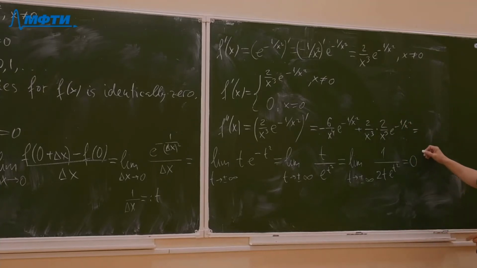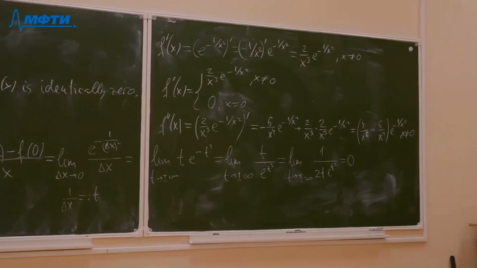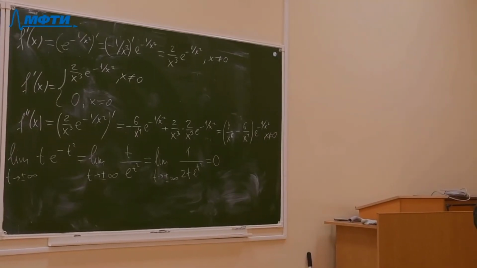And all together, I can rewrite it as follows: 4 over x power 6 minus 6 over x power 4, times e to the power minus 1 over x squared. So you see, expressions become more and more complicated, right?